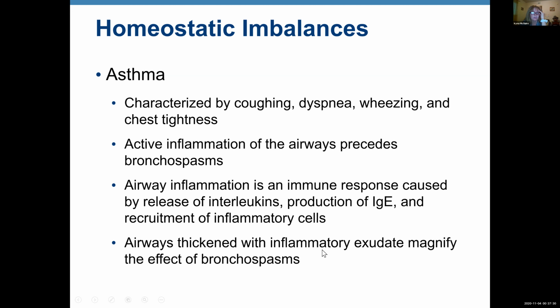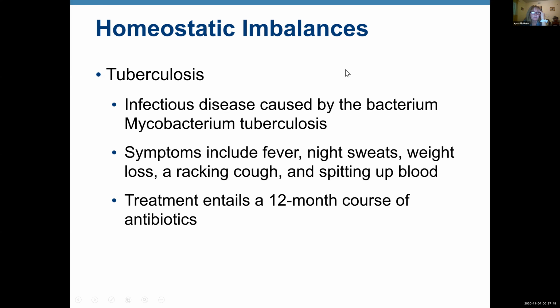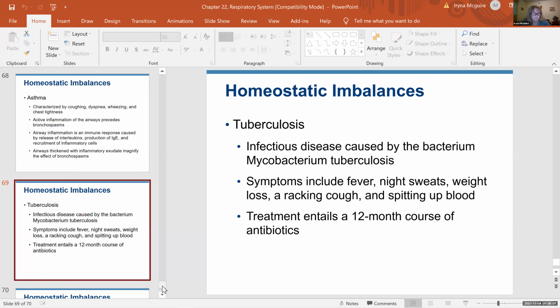Airway thickening with inflammatory exudate magnifies the effect of bronchospasm as well. Tuberculosis is an infectious disease caused by the bacterium Mycobacterium tuberculosis. Symptoms include fever, night sweats, weight loss, racking cough, spitting of blood, and treatment is with antibiotics.